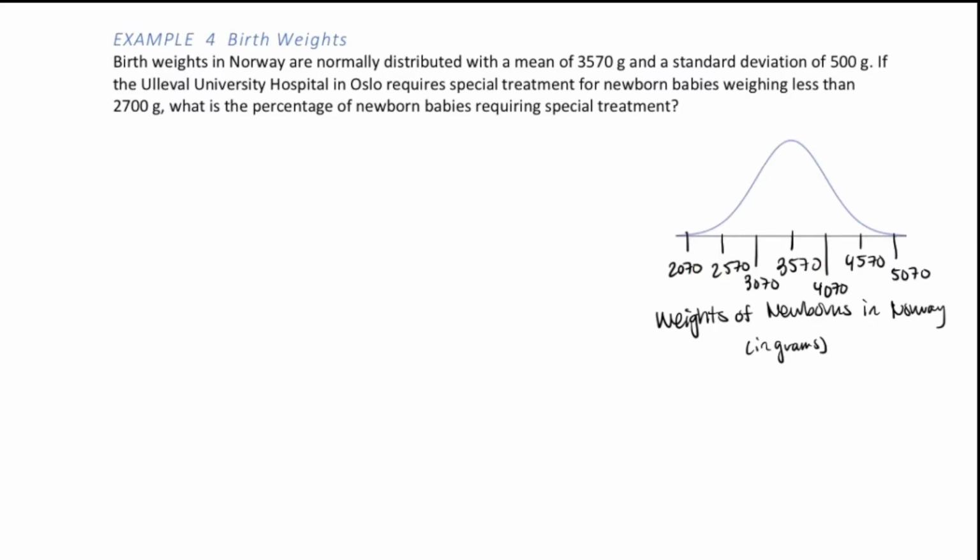Now we want to know the probability of a baby weighing less than 2,700 grams. Where's 2,700? That would be about here. In probability notation, that probability is given by the area under this curve.